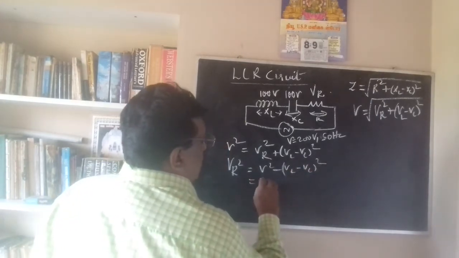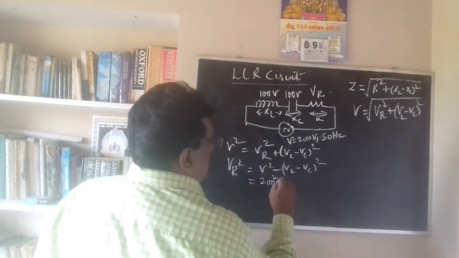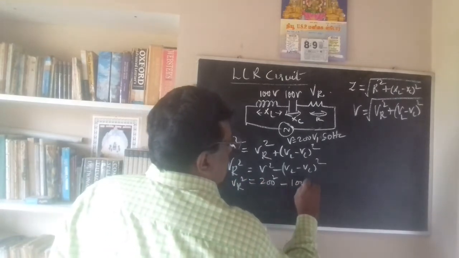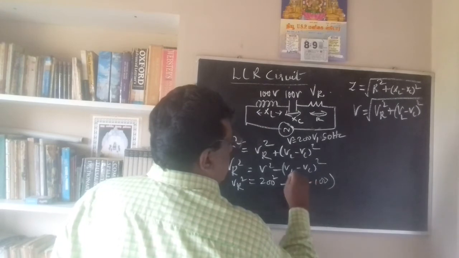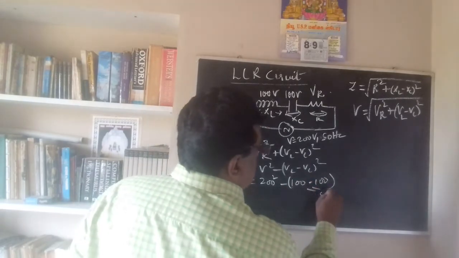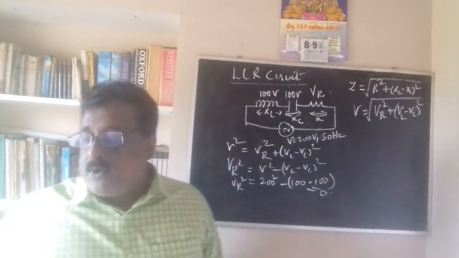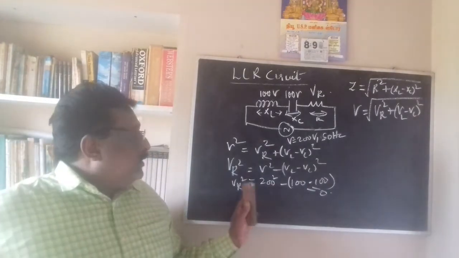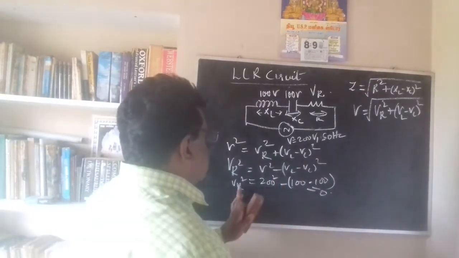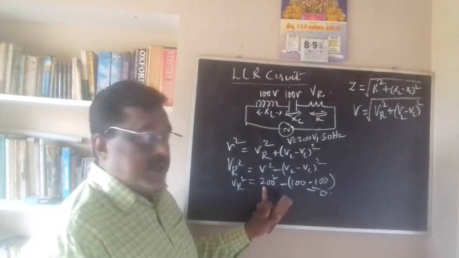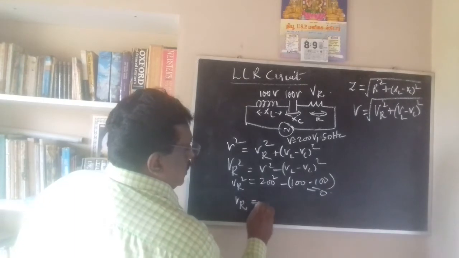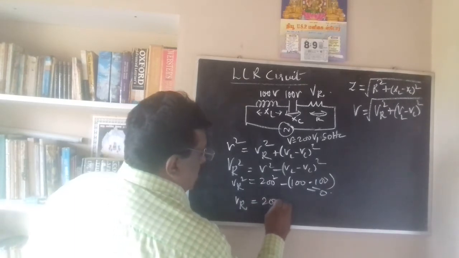If you substitute the values, this is 200 square minus 100 minus 100. 100 minus 100 is 0. Now what is left is VR square equal to 200 square. So what is VR? If you take the root, it will be 200.